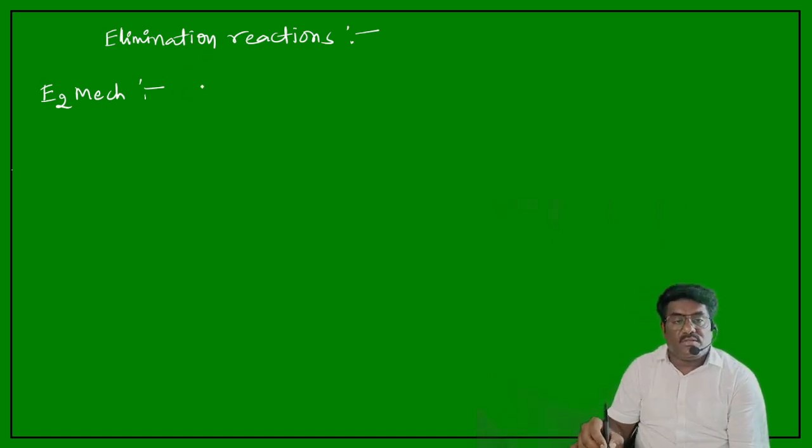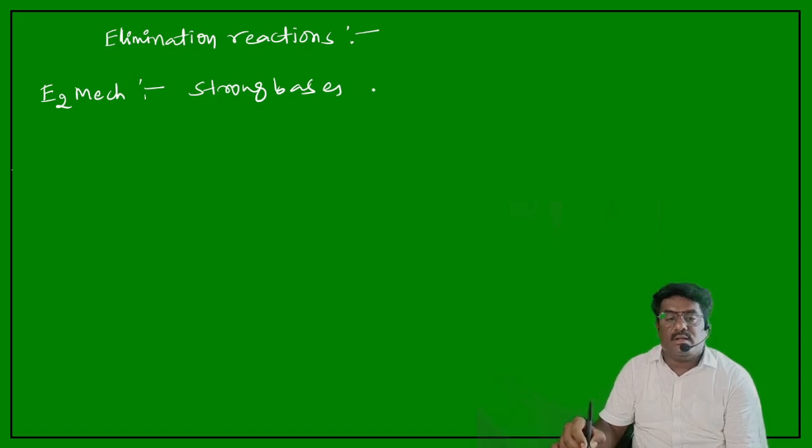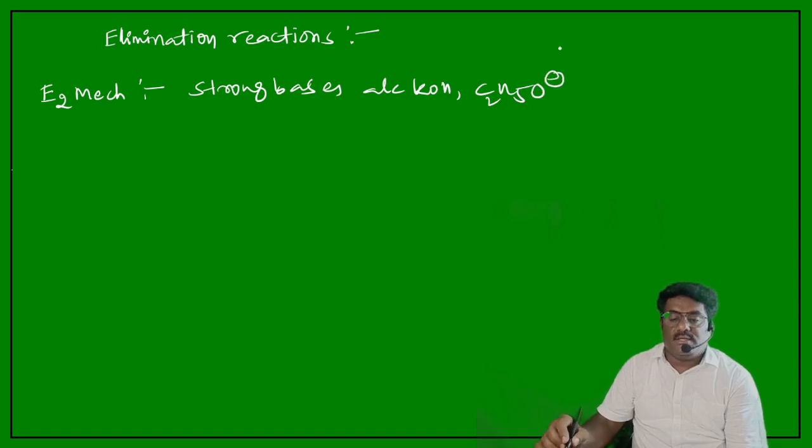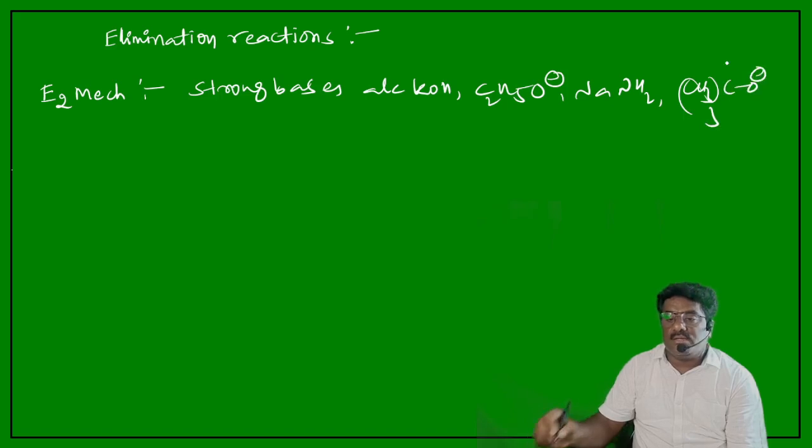The E2 mechanism is favored by strong bases. What are the strong bases? Alcoholic KOH, C2H5O ethoxide, NaNH2, or tertiary butoxide.